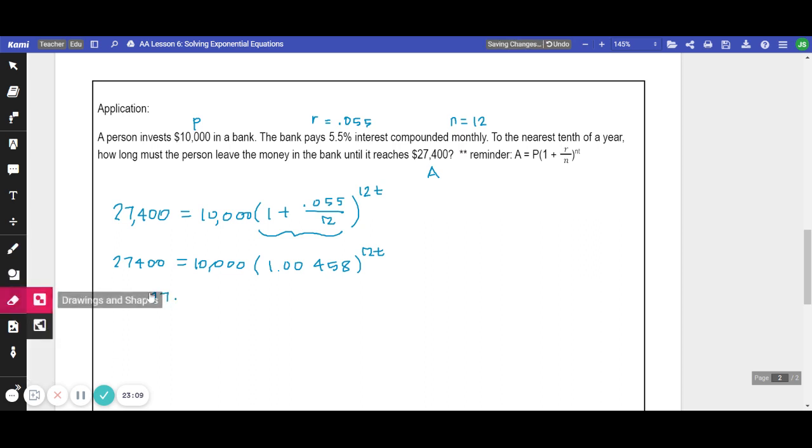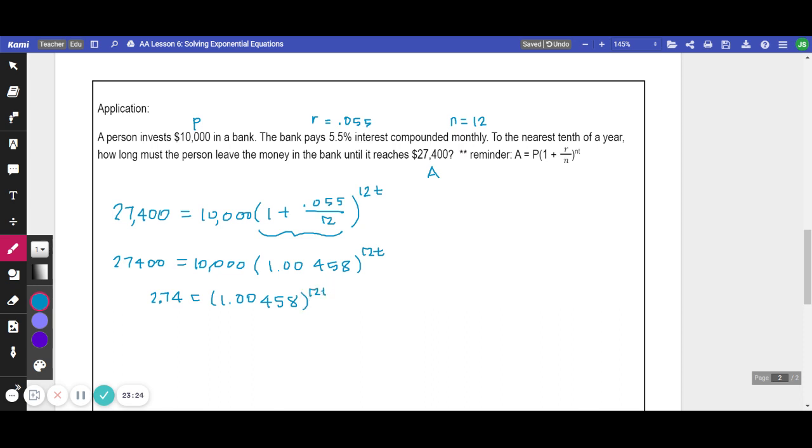Oops, 2.74, sorry. Missed a decimal there. 2.74 equals that decimal to my exponent. Okay, so I've done step 1. That all was just step 1, which is to get the number with the exponent by itself.